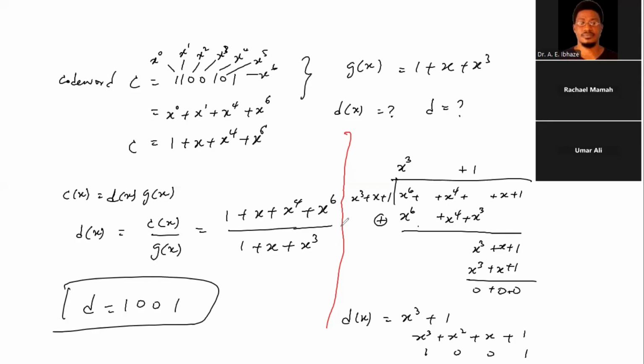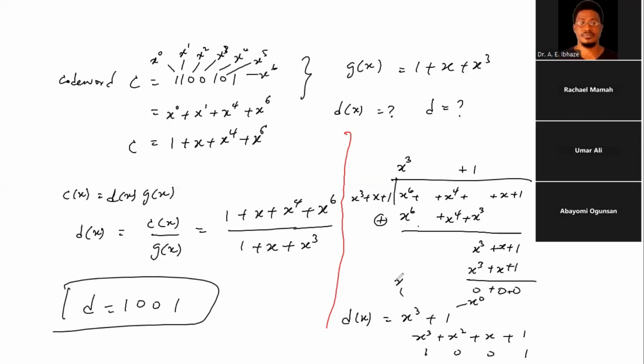So we know that 1 is x naught, and this is x cubed. So it means we have some bit positions that are not active, the likes of x squared and x to the power of 1. So we have to show their position, although it is 0.